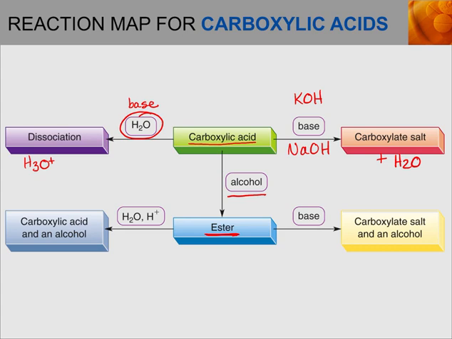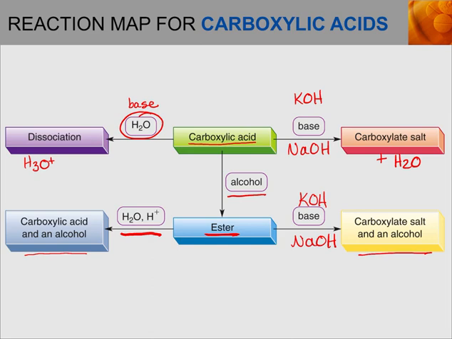Once we have an ester, we can react that with water and acid, which would act as a catalyst, to give us a carboxylic acid and an alcohol. And then if we react the ester with a strong base like potassium hydroxide or sodium hydroxide, we get a carboxylate salt and an alcohol.